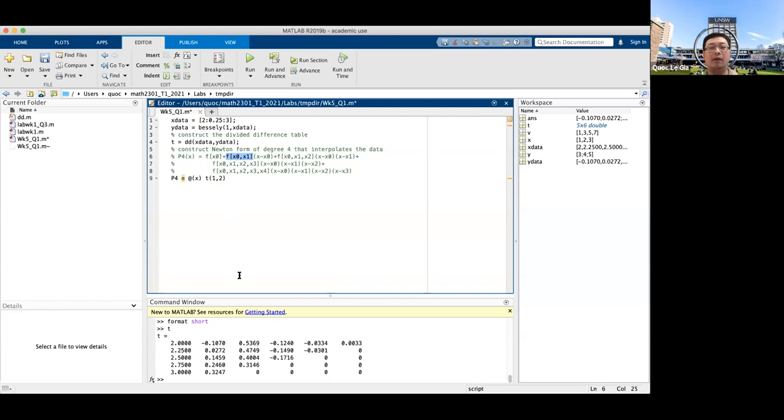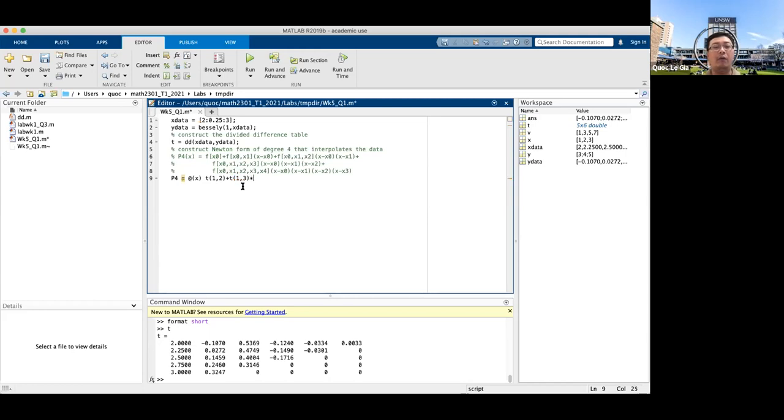Yes, row 1 again, but in the next column. So now you can use the divided difference table. So this one will be my row 1, column 3.